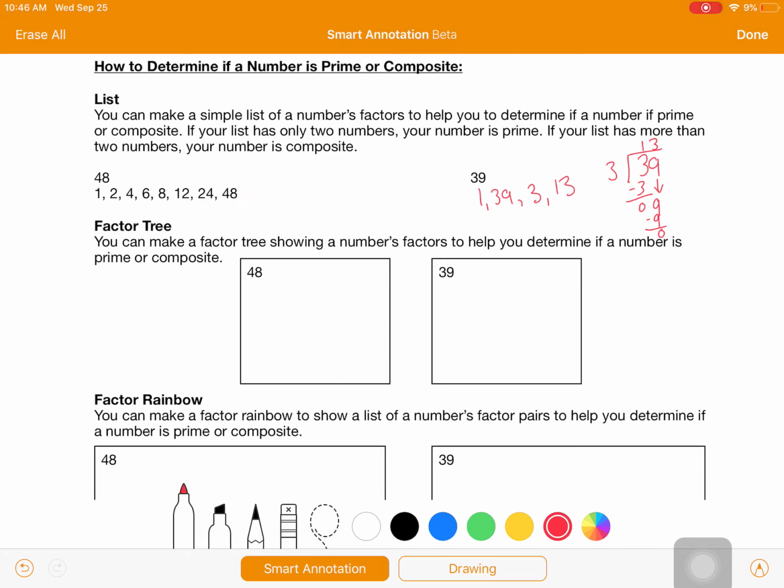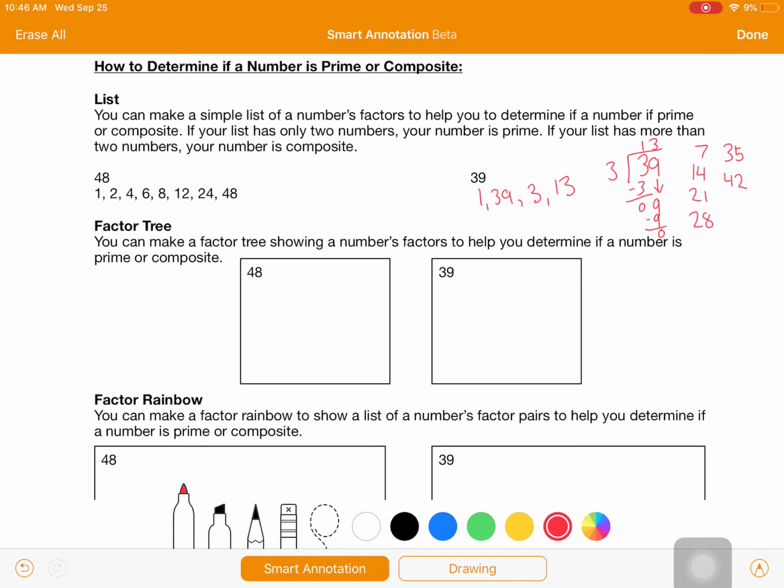39 is not an even number, so it can't be divided by 2. It doesn't end in a 5 or a 0, so it can't be divided by 5. If I were to list all my multiples of 7: 7, 14, 21, 28, 35, 42. Okay, so 39 is not in that list there. I just skipped right past it.